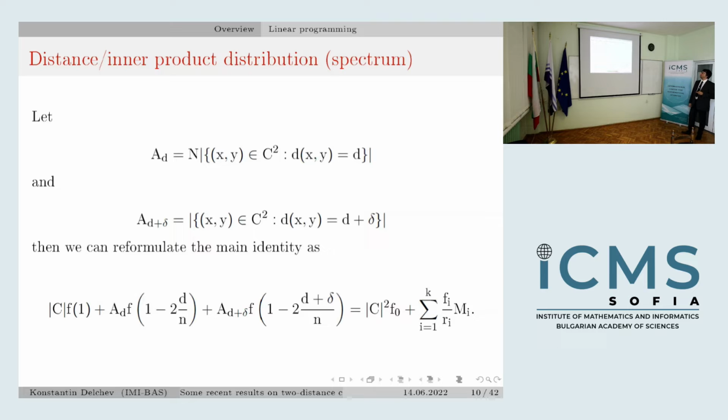So if we say that AD is the number of couples that are at the distance d, and AD plus delta is the number of couples of code words at the distance d plus delta, then we can reformulate the previous identity this way.